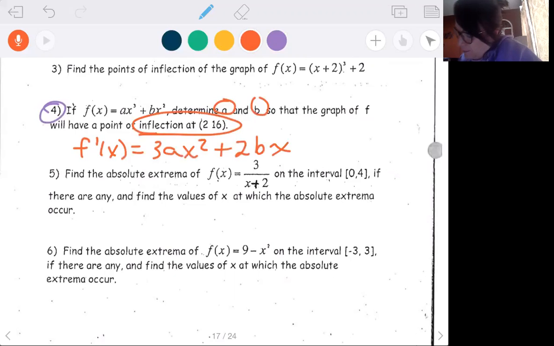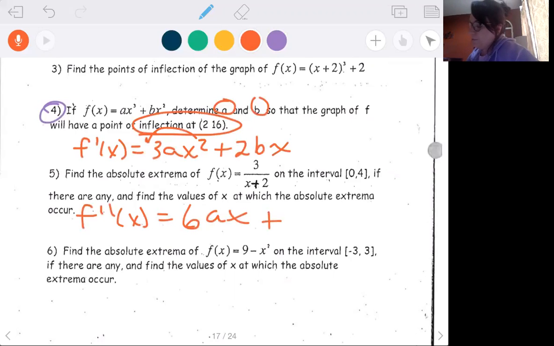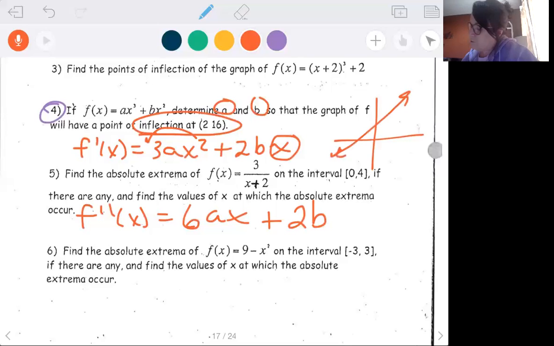So consequently, the second derivative is going to be 6ax, again a and b are constants, plus the derivative of any linear term is just its coefficient. Makes sense because for lines, their slope is the coefficient. The derivative gives you the slope of the tangent line, so it makes sense that the linear ones go to just the coefficients.